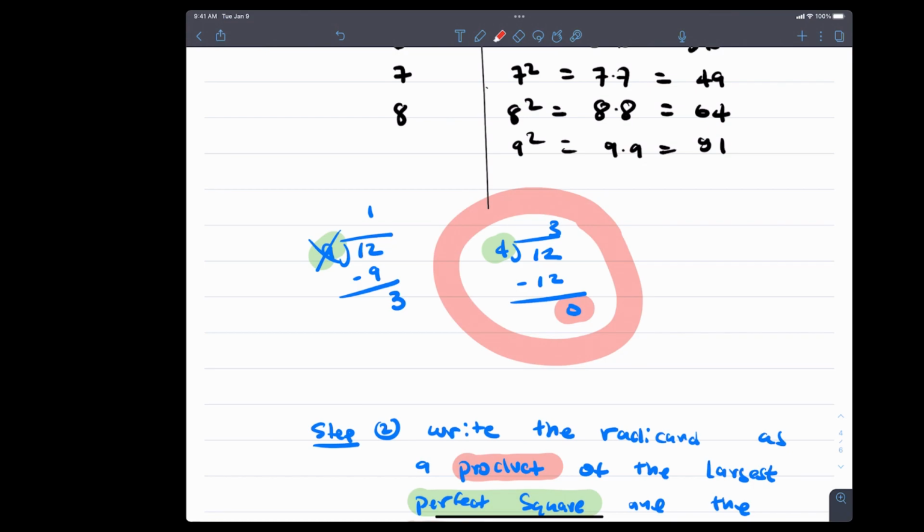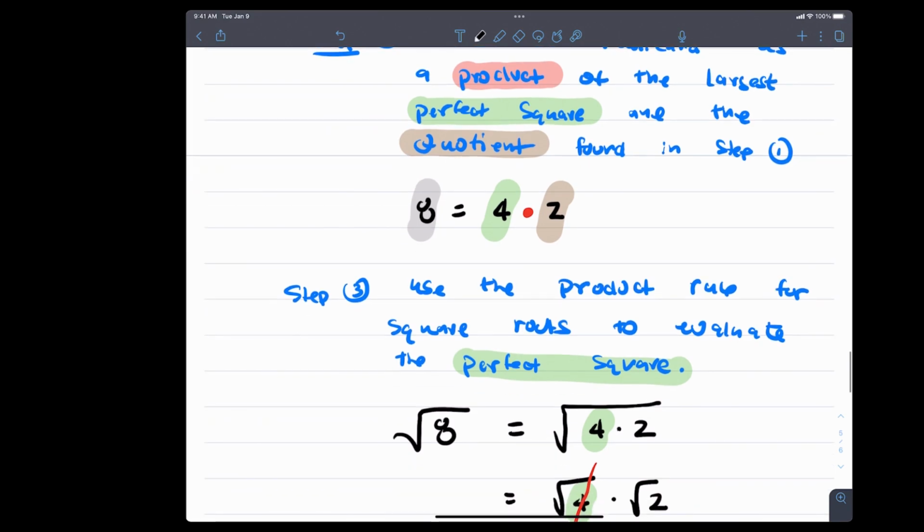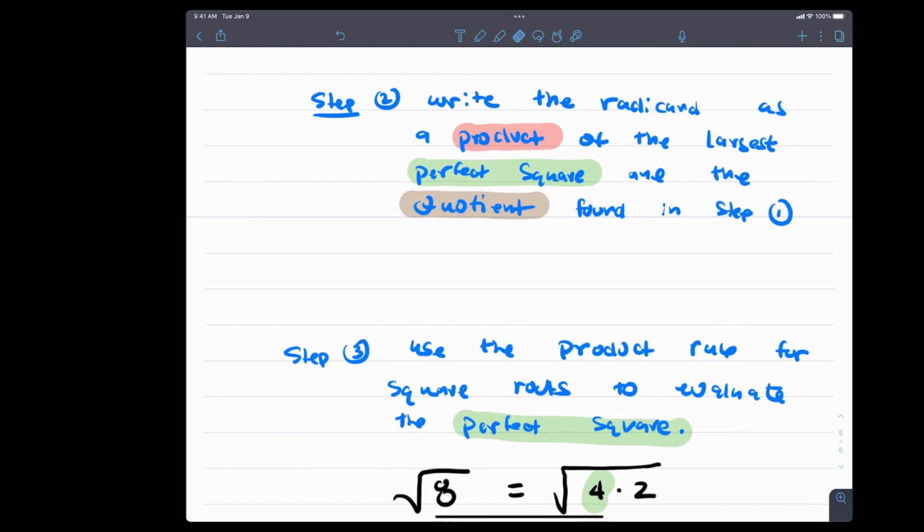But now, what does step 2 say? Remember, you're going to write this 12 as 4 times 3. So this is step number 2. You write the radicand, which is 12. Which was the largest perfect square that went into it with a 0 remainder? 4. Good. What was the quotient?